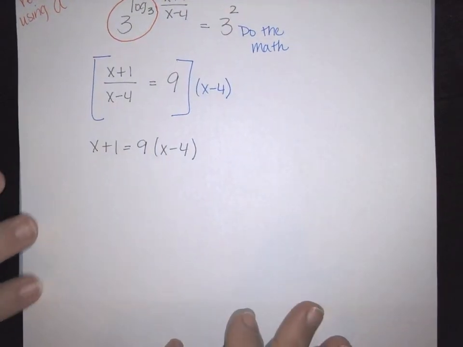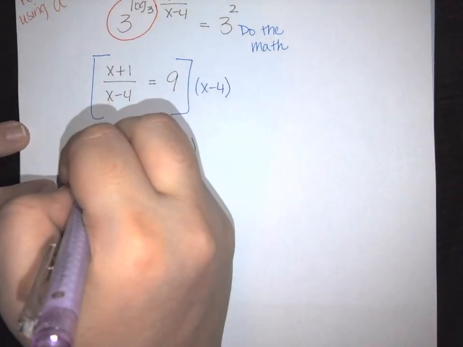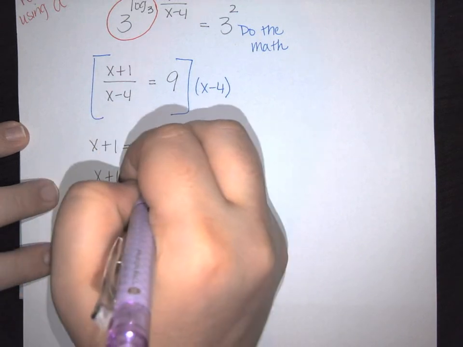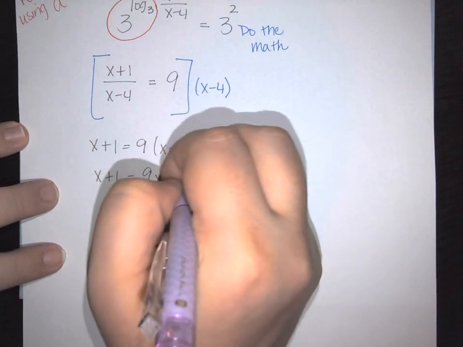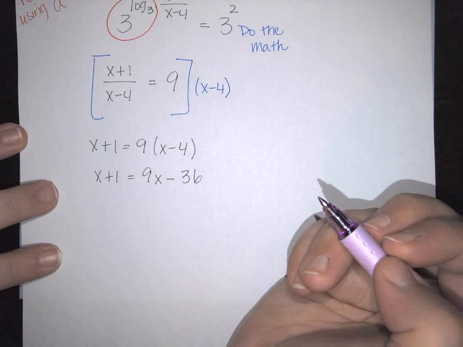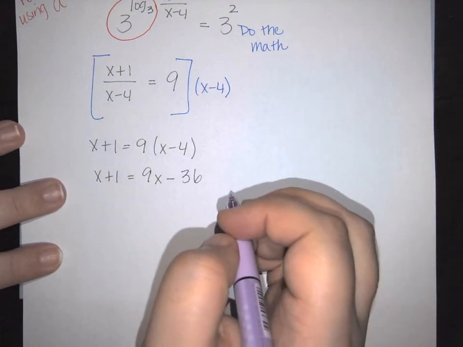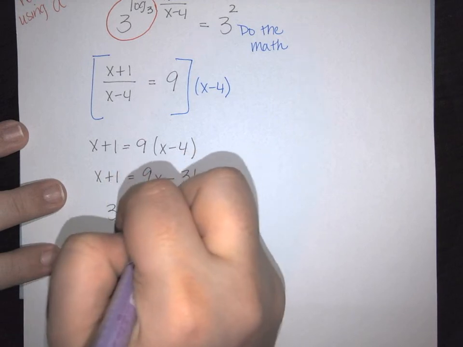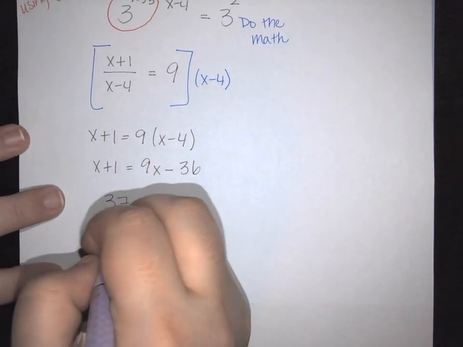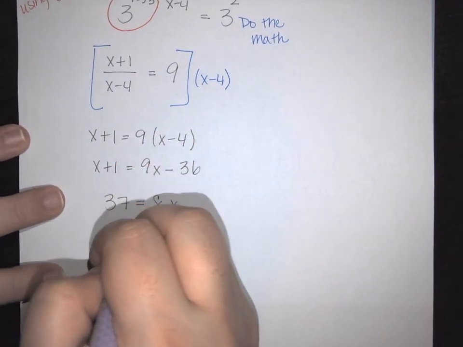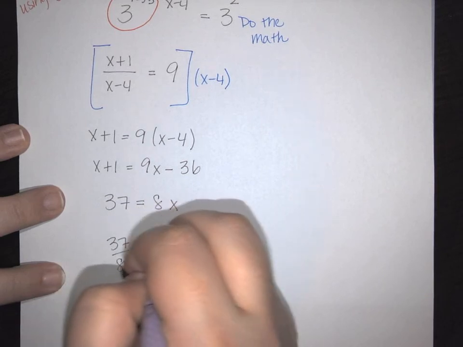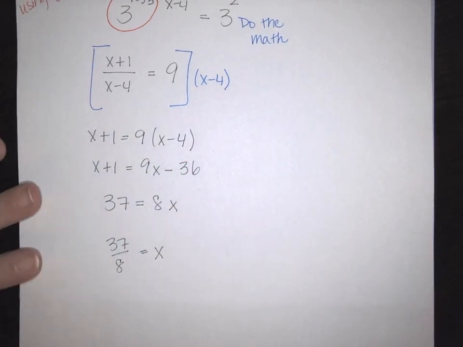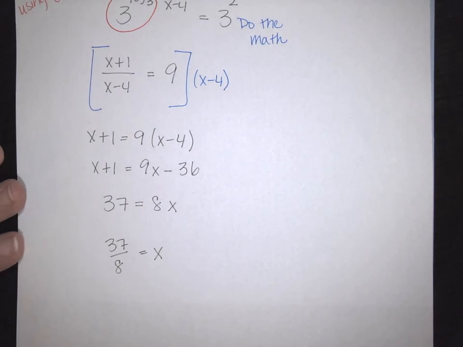My goal is to get my x's by itself, so I'm going to continue to solve. x plus 1 is equal to 9x minus 36. I want to get my x's by itself, so here 37 is going to be equal to 8x. In this case, 37 over 8 is going to give me x. Since there's nothing else to do to simplify, there we go.